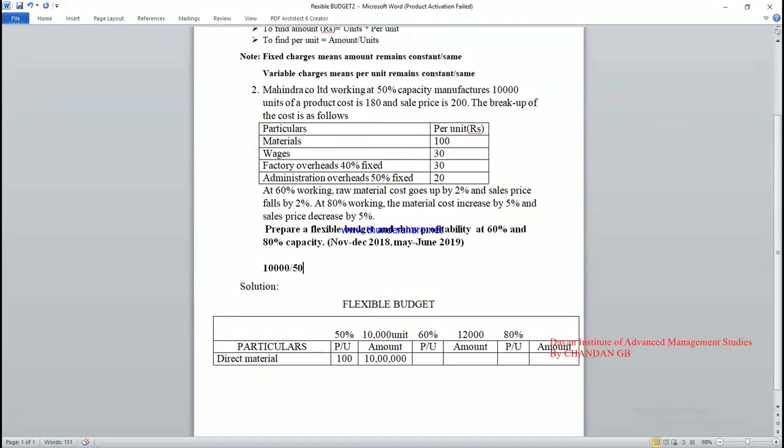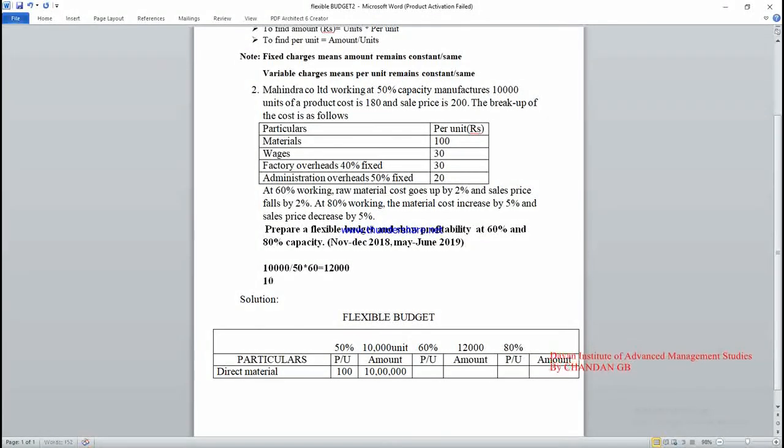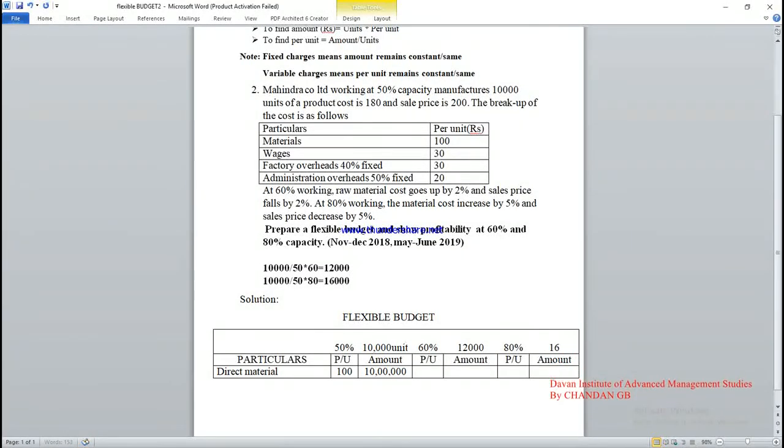You have to find out for 60 percentage capacity. The answer is 12,000. Like that, 10,000 units for 50 percentage capacity into 80 percentage capacity will get the answer 16,000 units. Like that, for 80 percentage capacity it is 16,000 units.